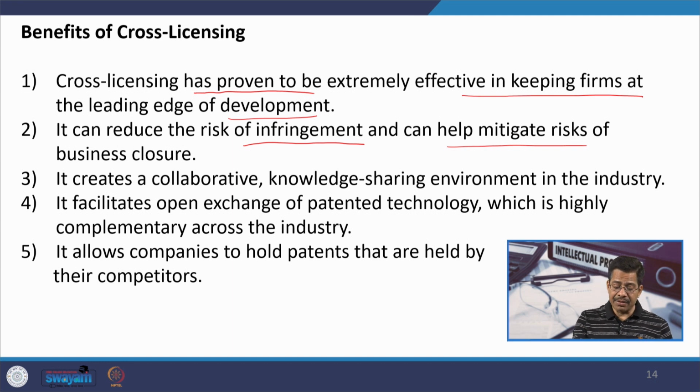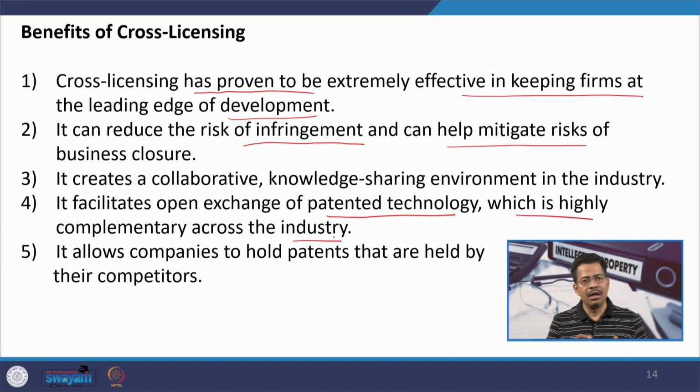It facilitates exchange of patented technologies, which are highly complementary across the industry. Again, that example of SEP comes here, that all SEPs are patented technologies, and without using your SEP, I cannot make my product, and without using my SEPs, you cannot make your products.